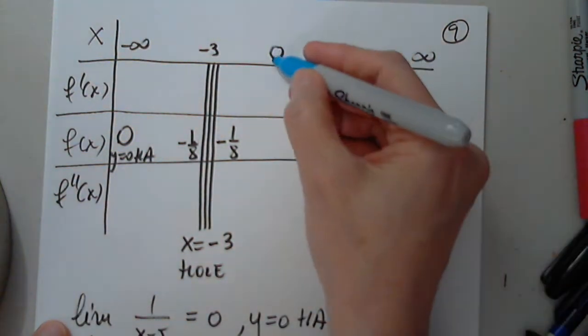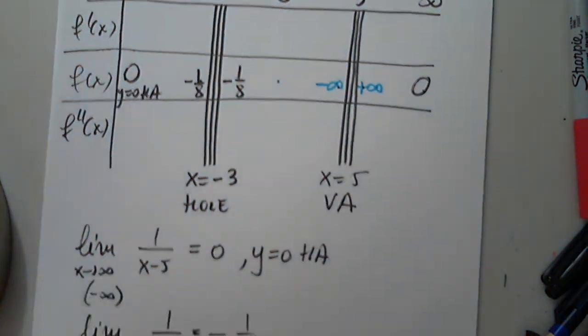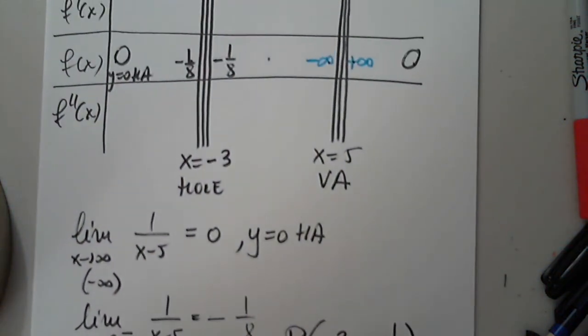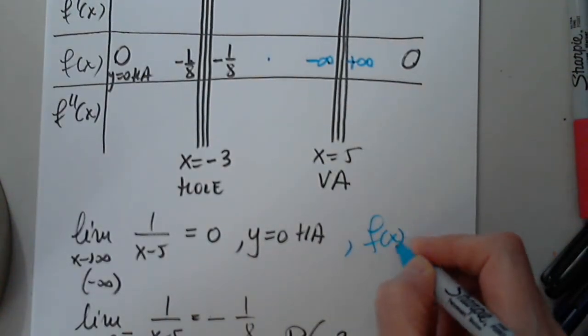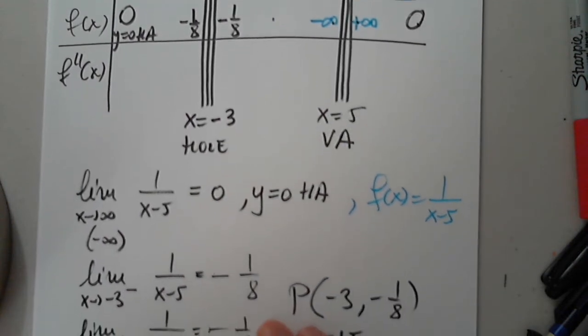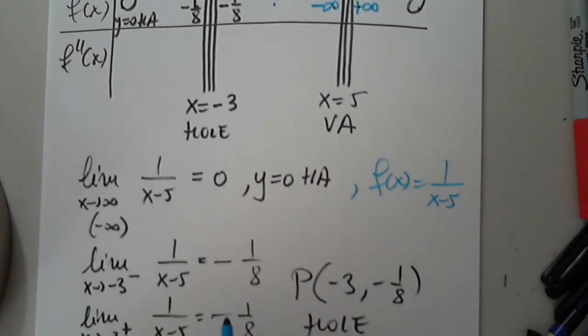Okay. The only thing that I need here, of course, we always look for the x and y intercepts. So remember the function is 1 over x minus 5. So when we plug in 0, what do we get?